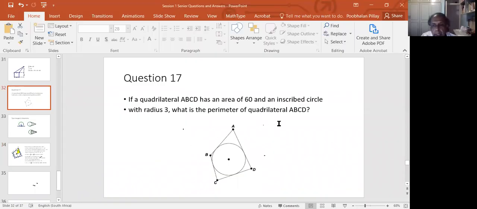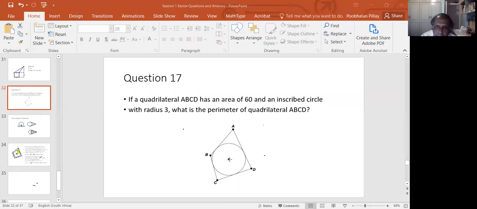Okay, so to solve this problem, it's natural now from what I've just said to join the center of the circle to the points of contact, because we know that these lines are perpendicular.